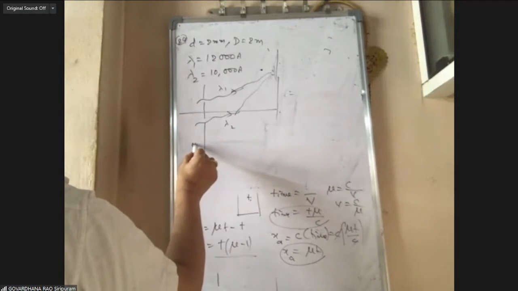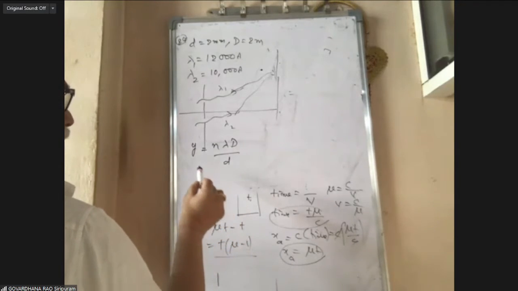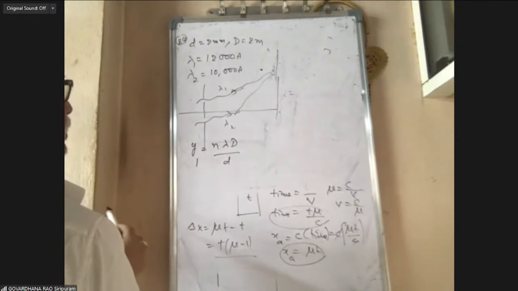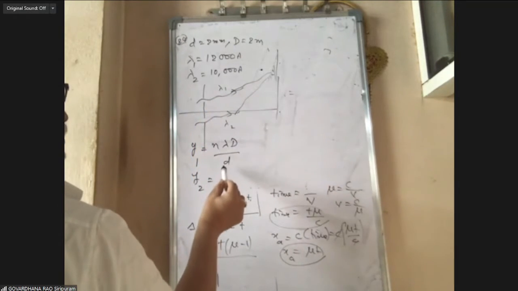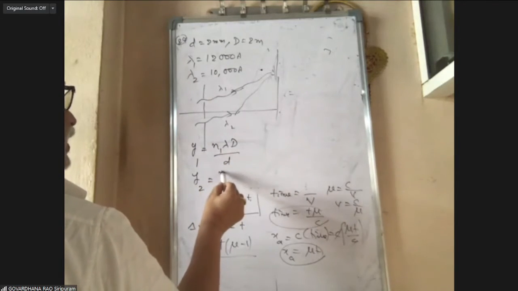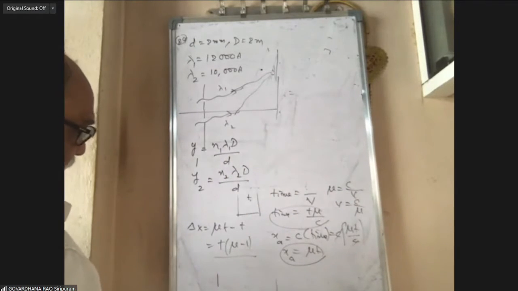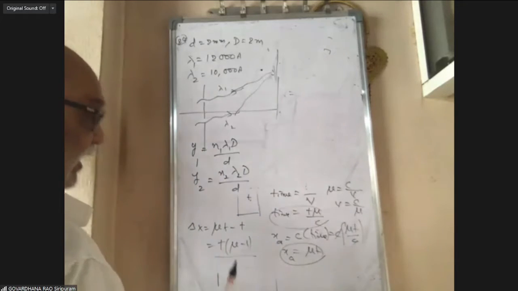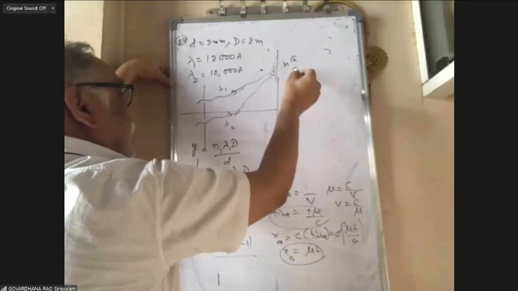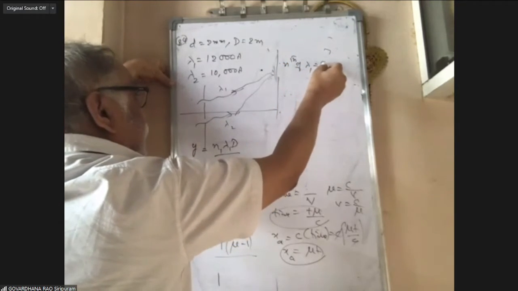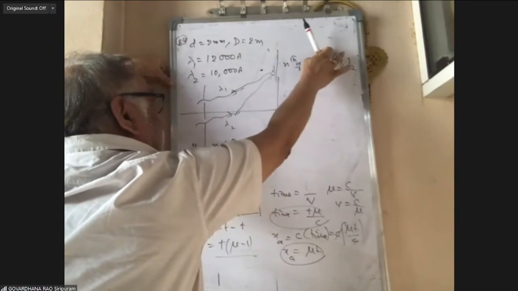So what is the bright fringe formula? y equals n lambda D by d. So the bright fringe of the first wavelength, and the bright fringe of the second wavelength is n2 lambda 2 D by small d. These two bright fringes are coincident. Let us say the nth bright fringe of lambda 1 coincides with the (n plus 1)th of lambda 2. Okay?